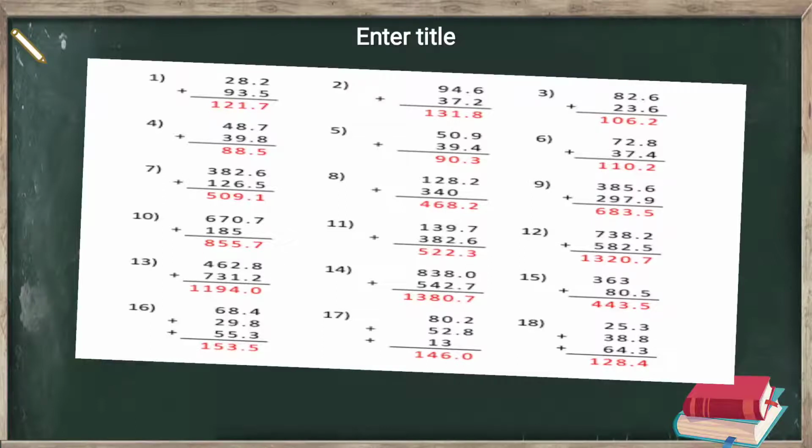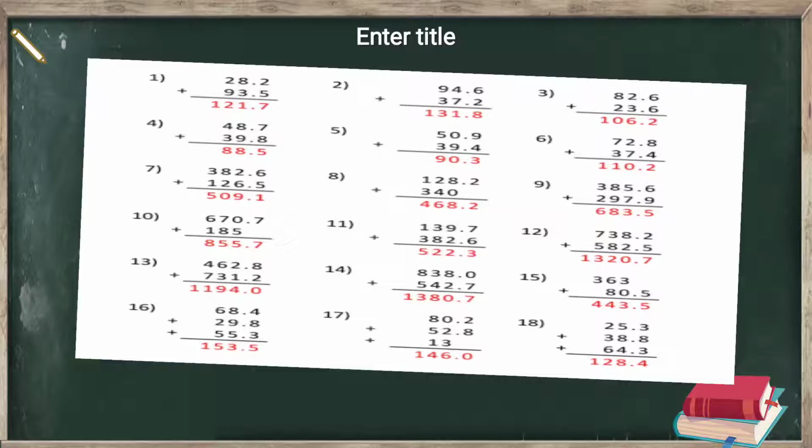Then we add 2 plus 5, 7, 8 plus 3, 11. So 11, 1 will be here and 1 will be carried over. Then 2 plus 9, 11, and we add the carried 1. Then the answer will be 121.7.